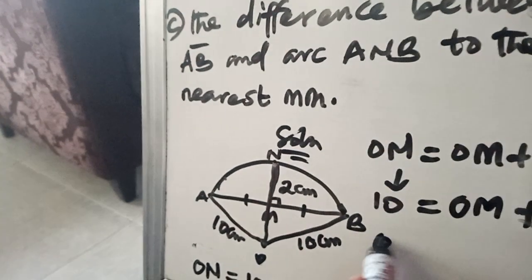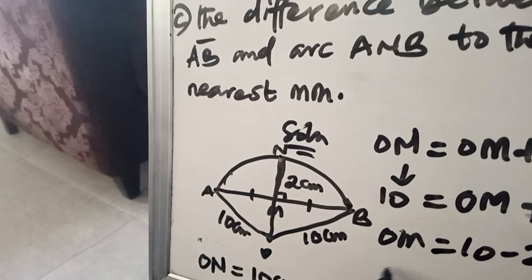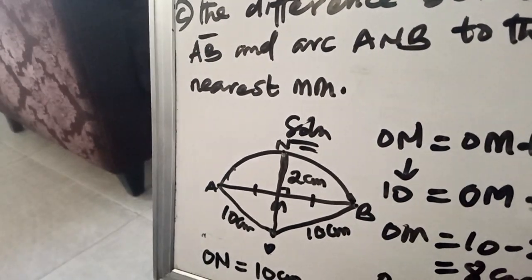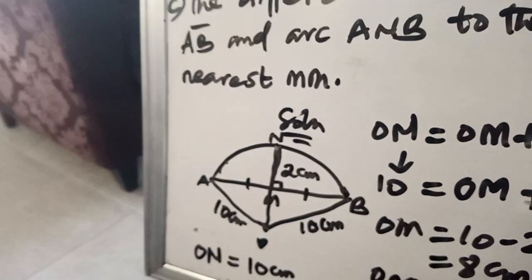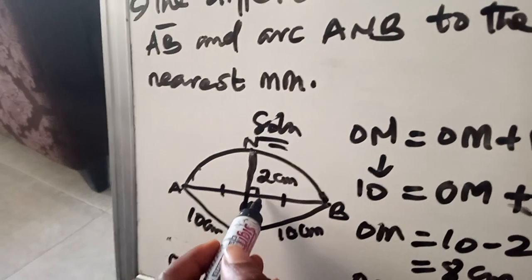Then OM will be equal to 10 minus 2, and that will give us 8 centimeters. So if OM is equal to 8 centimeters, that means we can carve this one out.